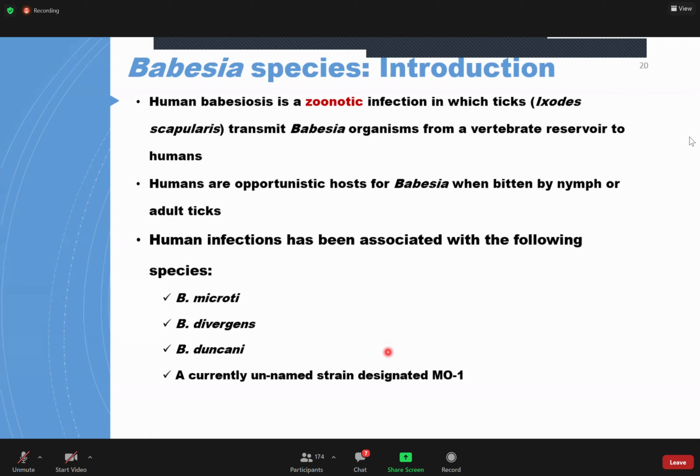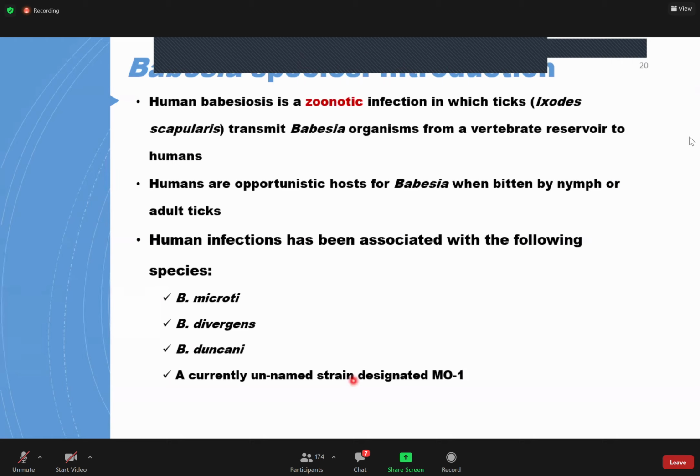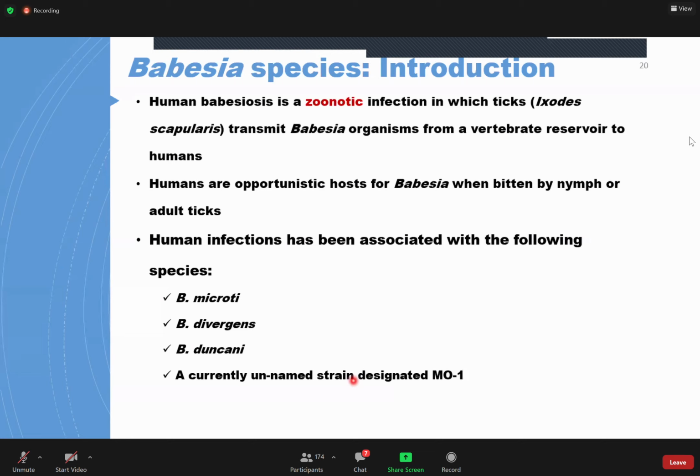Now, this particular species of tick is very important because they also transmit Lyme disease and a viral disease that was recently identified about maybe 3 or 4 years ago, Powassan virus, which can give you a very bad clinical presentation and you may miss the diagnosis if you're not paying attention. So this is a very important agent that transmits Babesia.